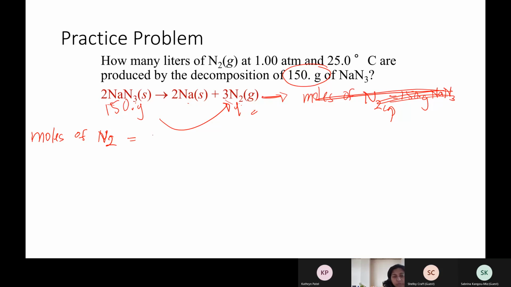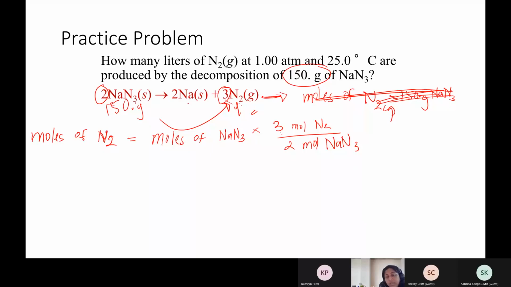So that would be moles of NaN3 times 3 moles of N2 divided by 2 moles of NaN3. I got this relationship from the coefficients. Okay, 3 moles of N2 to 2 moles of NaN3.